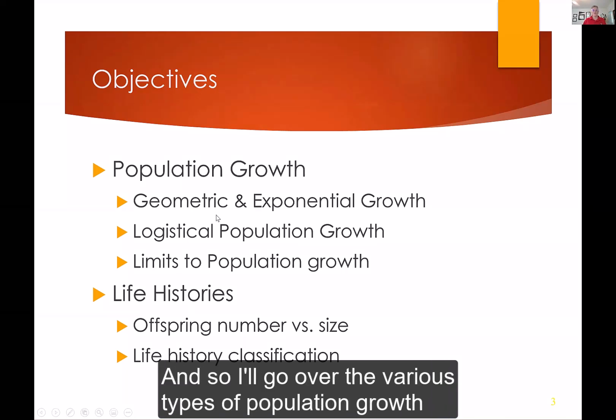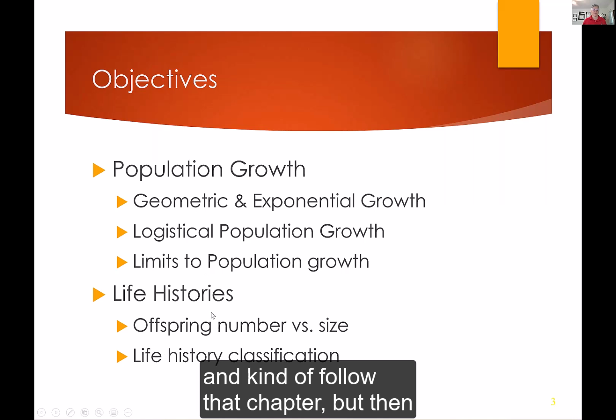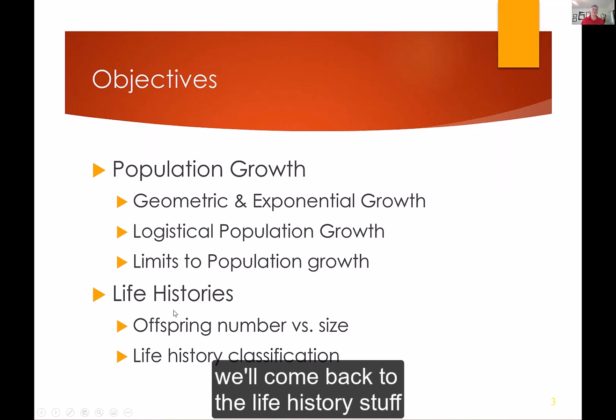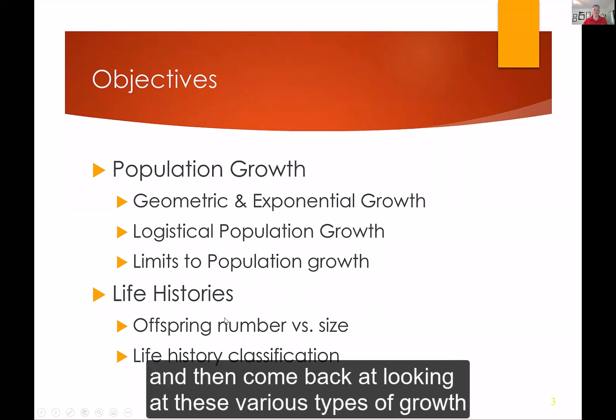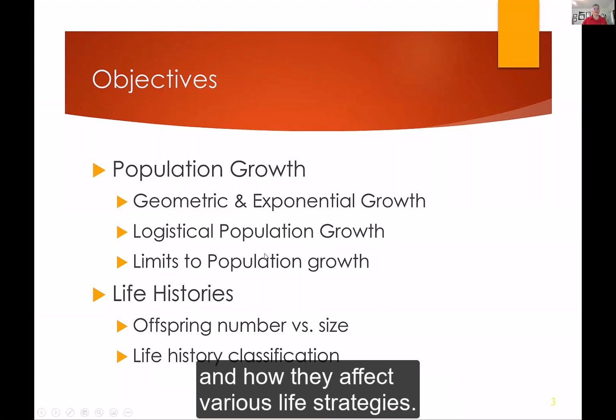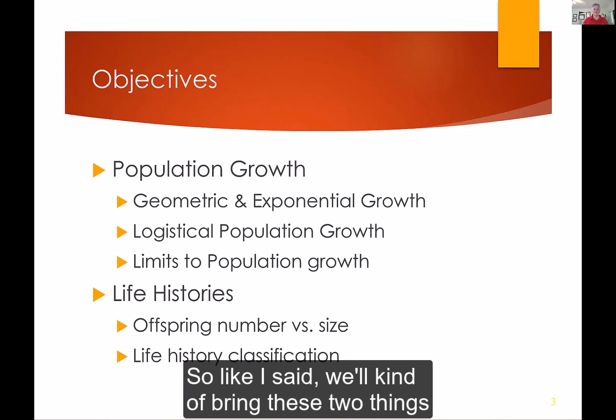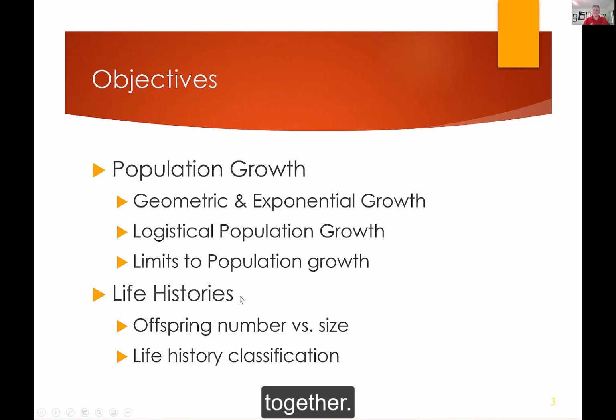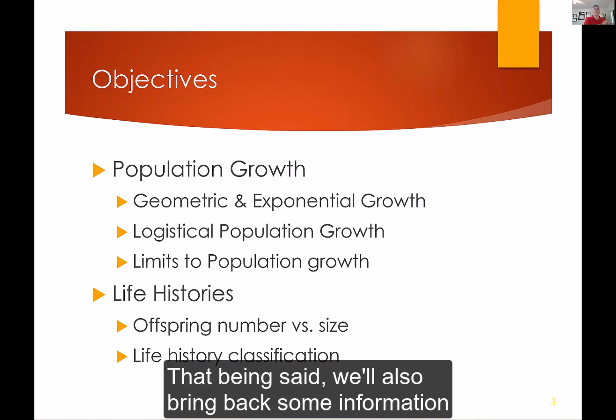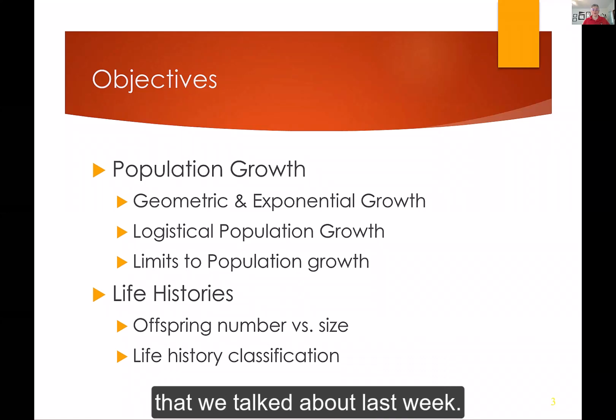So I'll go over the various types of population growth and follow that chapter, but then we'll come back to the life history stuff and look at these various types of growth and how they affect various life strategies. Like I said, we'll bring these two things together. We'll also bring back some information that we talked about last week.